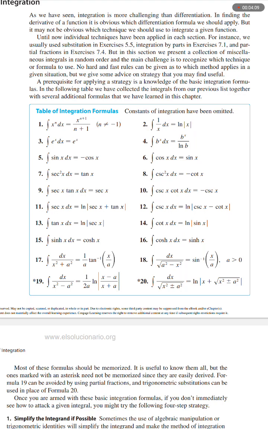Number 11, the integral of secant x dx equals the natural log of the absolute value of secant x plus tangent x. Number 12, the integral of cosecant x dx equals the natural log of the absolute value of cosecant x minus cotangent x.